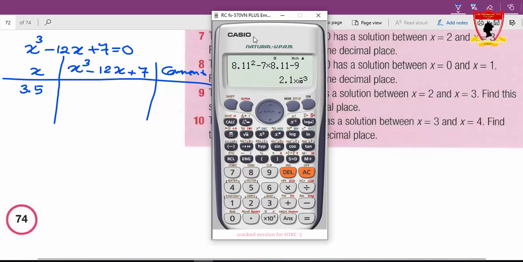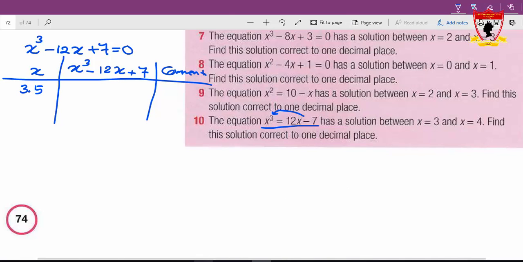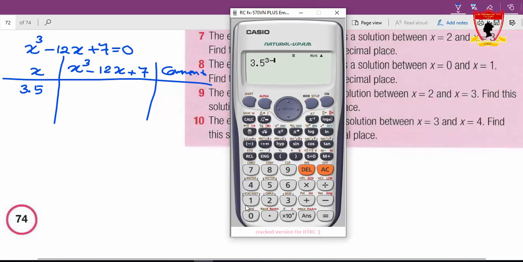And see how does 3.5 work. 3.5 to the power of 3, 3.5 cubed, minus 12 times 3.5, then plus 7. It is equal to 7.875.